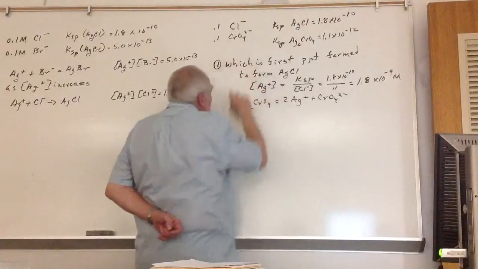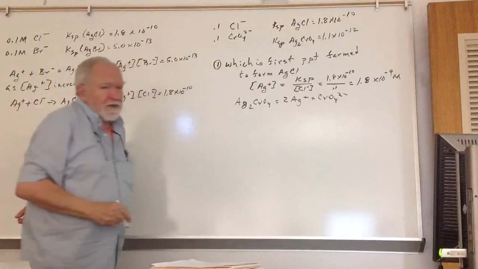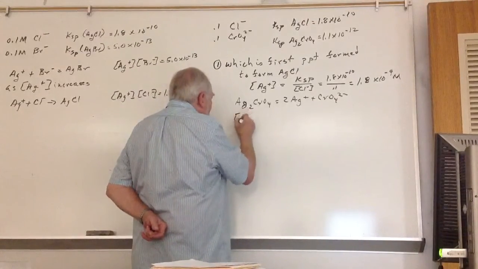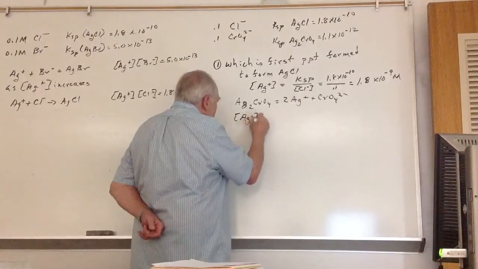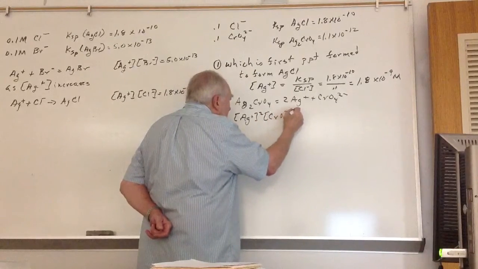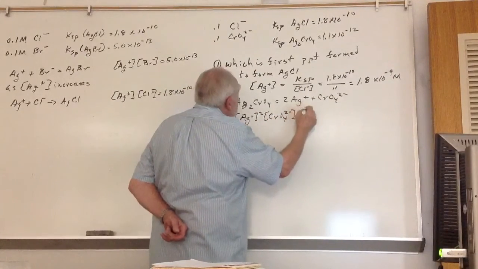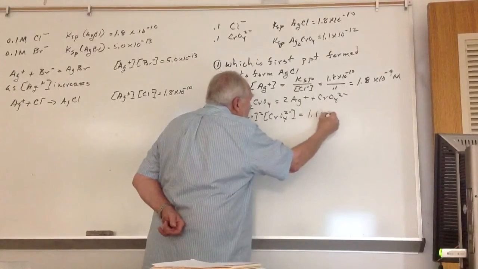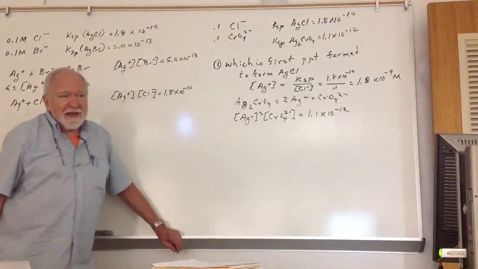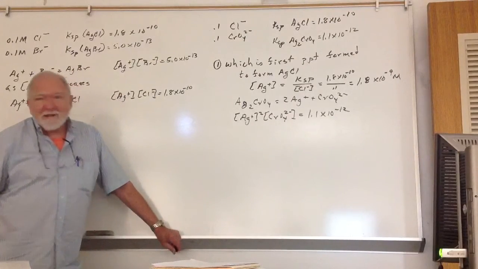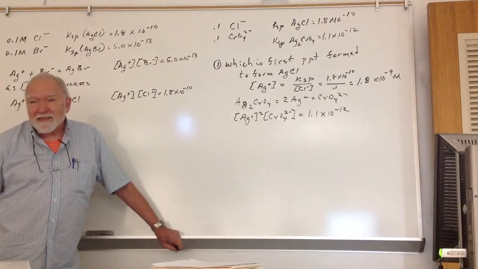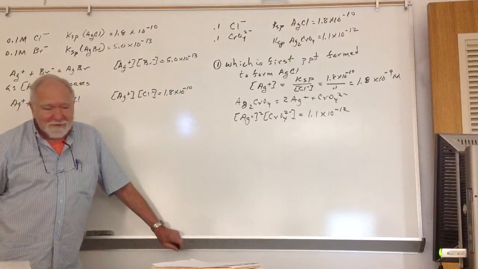You still know the chromate, but when you go to solve this for the silver ion, what you're doing is solving this equation. And you can see, because you have to take a square root, you're going to get a much larger concentration of silver ion needed to precipitate the silver chromate.